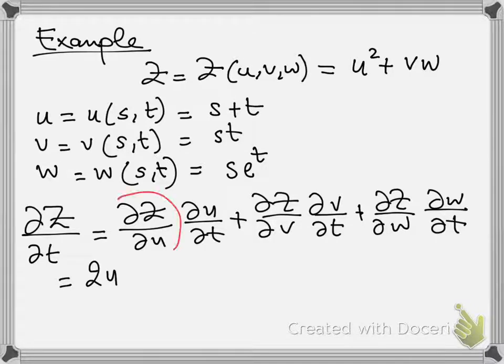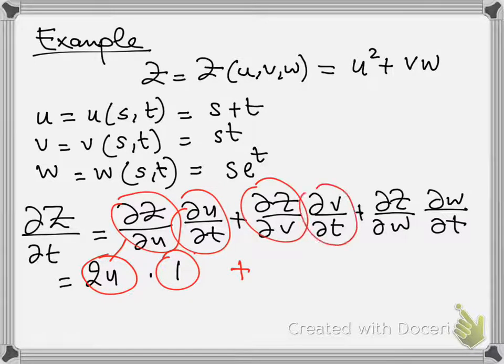So that's partial z, partial u, equal to 2 times u. Now, what's partial u, partial t? Derivative of u with respect to t. So s would be a constant. Derivative of a constant is 0. So that's 0 plus derivative of t, that's 1. So that's equal to 2u times 1. Okay. Plus.